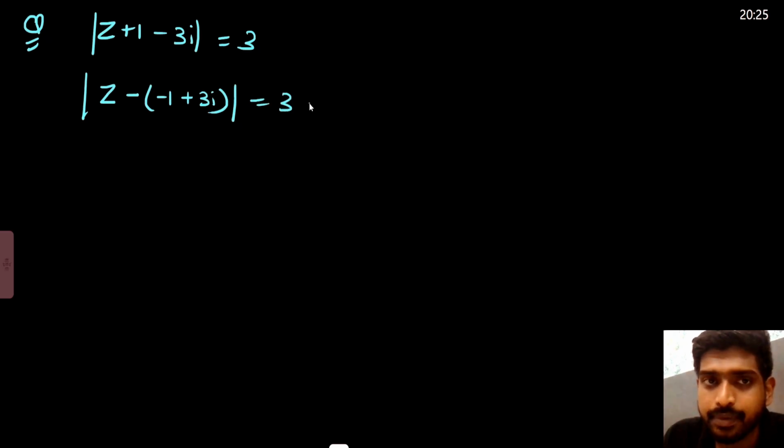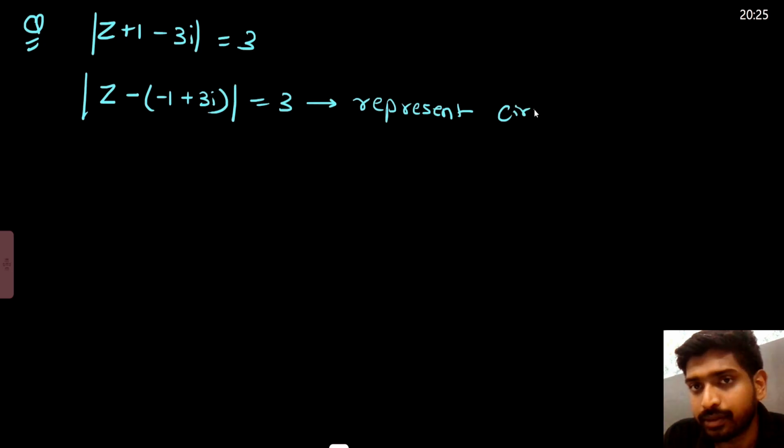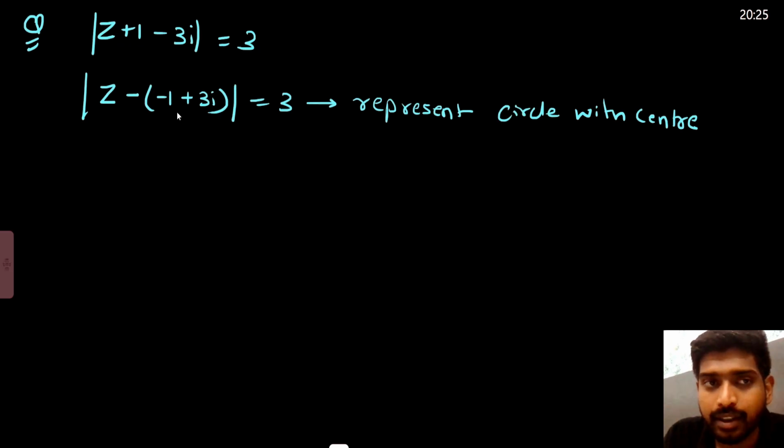So this represents a circle with center. What is the center? Z1, this known point is the center. What is this known point? Minus 1 comma 3. So center is minus 1 comma 3. And what is the radius? The radius is 3.